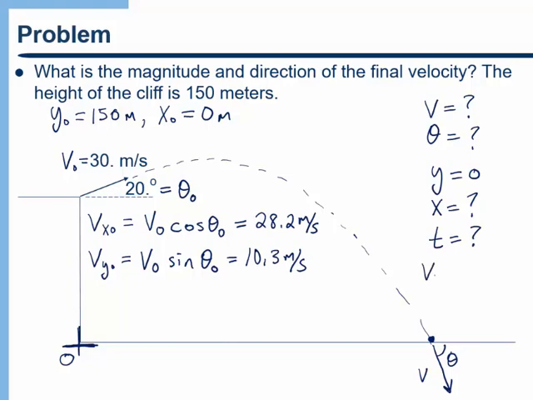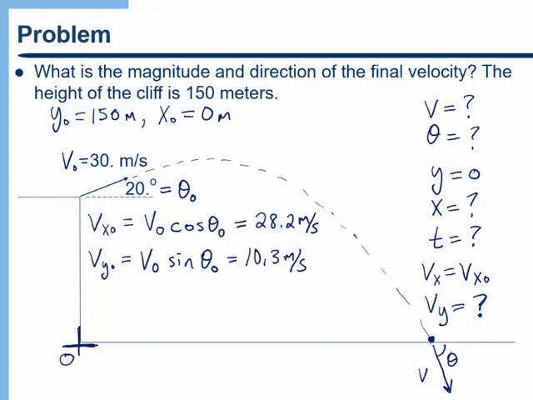We do know the final component of the velocity in the x direction because that's just vx naught. So in other words, we already know that vx is 28.2. However, we do not know vy. Remember that we never say it's 0 because we're talking about the instant the object gets to the ground, not once it hits the ground.